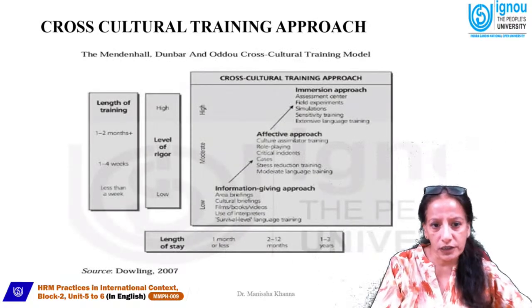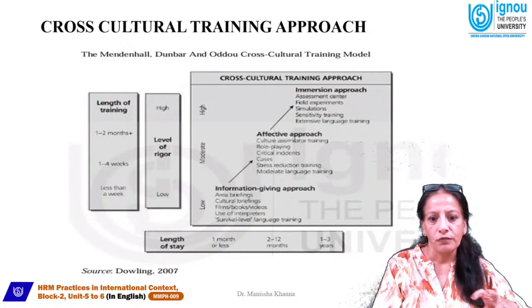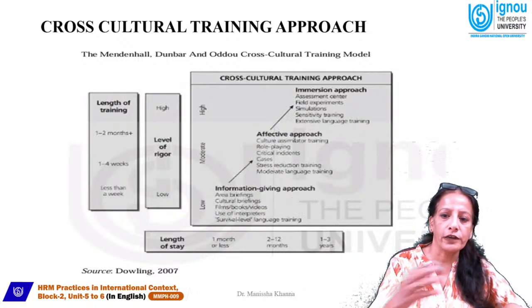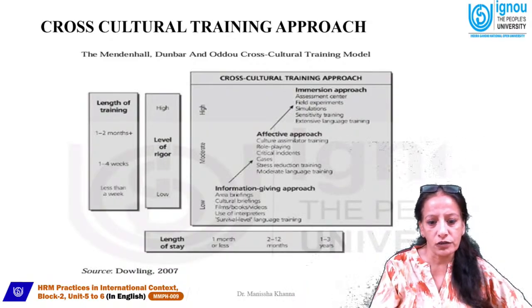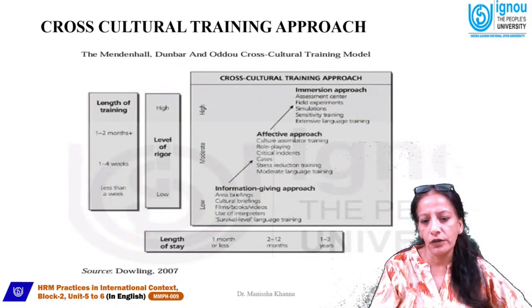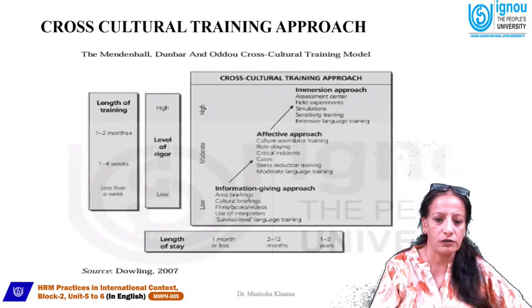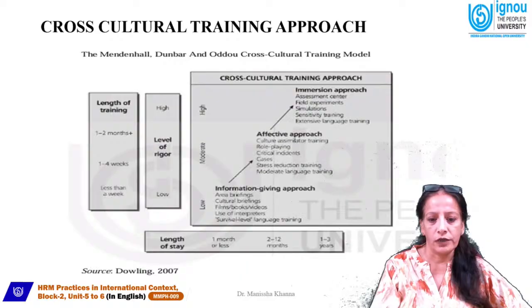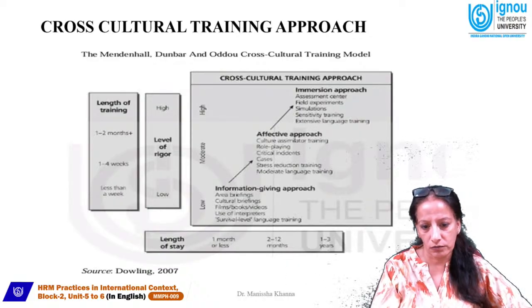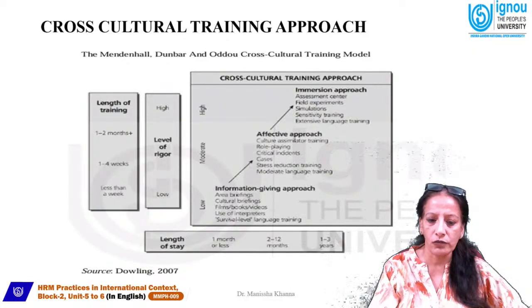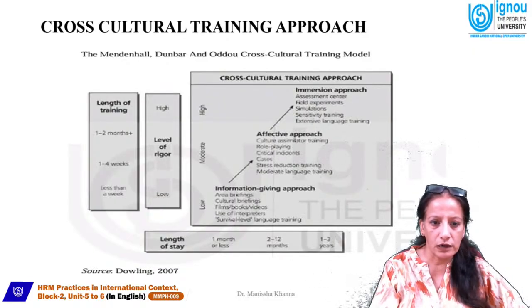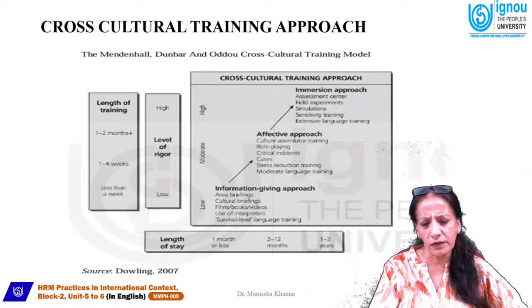The cross-cultural training approach ranges from the information-giving approach to the affective approach to the immersion approach. Initially, training of one month or less is all about information giving. We are giving information about the culture and the area. The level is very low, and the length of training is nearly less than a month.